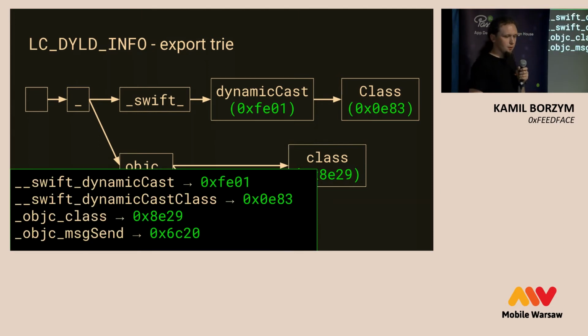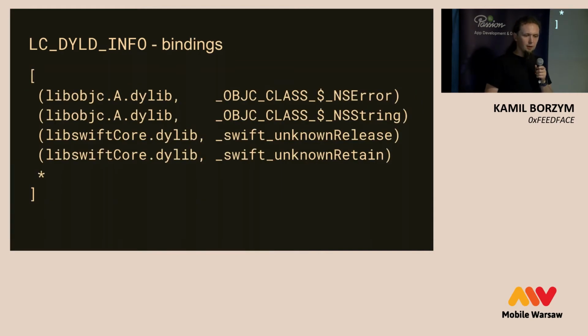Okay, so this trie contains 4 symbols, and this can be flat printed like this, but the trie structure is really fast. Okay, so the load command dyld info on one side points to the export trie, but there needs to be some import side on the other side.